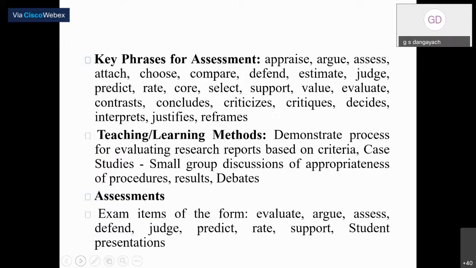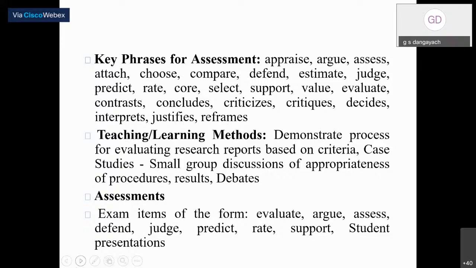Now, the key phrases for this level: appraise, argue, assess, attach, choose, compare, defend, estimate, judge, predict, rate, score, select, support, value, evaluate, contrast, conclude, criticize, critique, decide, interpret, justify, and refute.